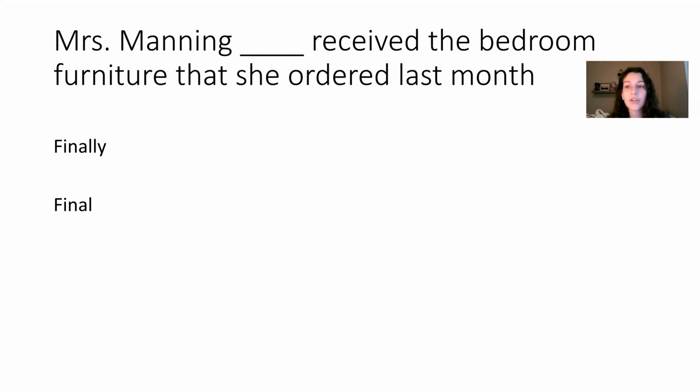It's not an object, place, person, or thing. It is an action, to receive. So we're describing a verb, which means we want to choose the adverb. And we know it's an adverb that ends in ly. So our answer will be that Mrs. Manning finally received the bedroom furniture.